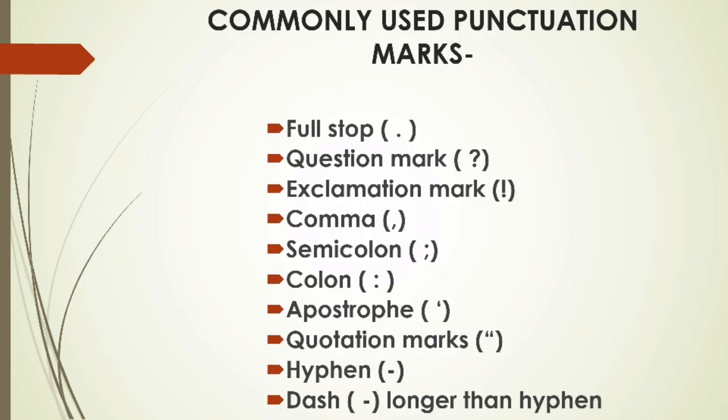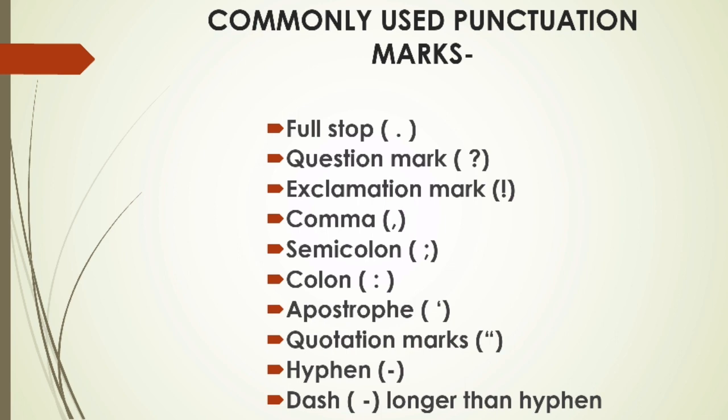So here are some commonly used punctuation marks about which we are going to study in this lesson, their uses and all, right? So first one is full stop. Just see the marks: full stop, question mark, exclamation mark, comma, semicolon, colon, apostrophe, quotation marks, hyphen and dash.